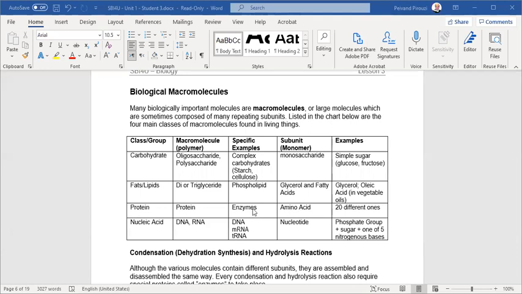Their subunits are amino acids. It means that we need to have several amino acids bound to each other in order to give us a chain of amino acids. Now that chain, we call it a protein. Now the protein can stay in a line, okay, this is again a primary structure.